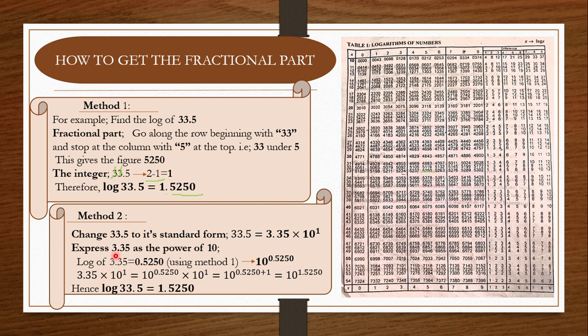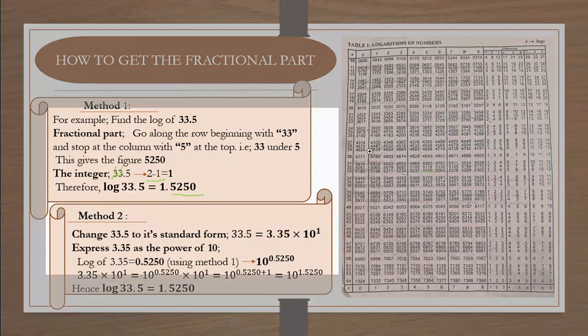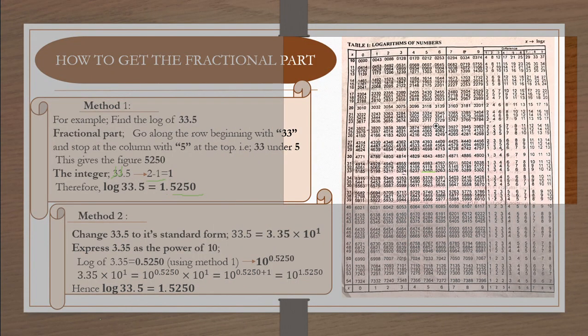Then to get our decimal fraction, our fractional part, it's the same reading of the logarithm table. That will be 33 under 5. So let's zoom in: 33 under 5 as we did previously.